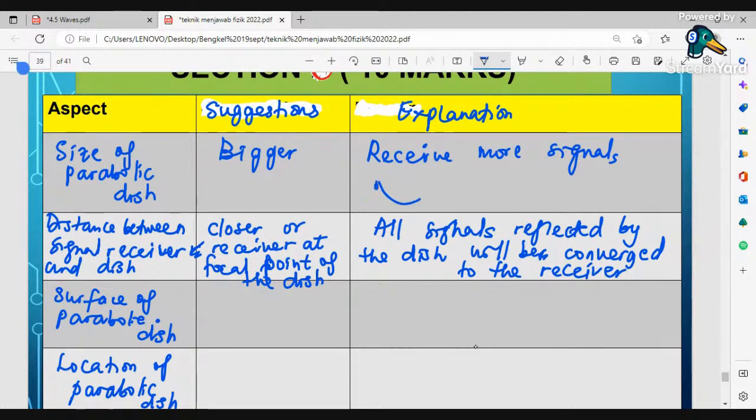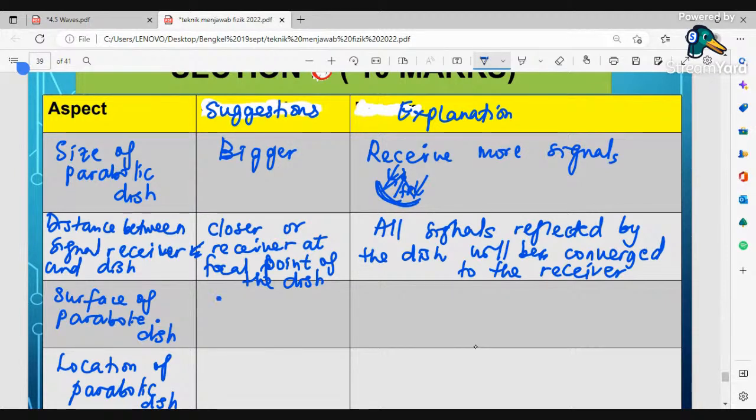Like this, the receiver is here at the focal point. So the signals coming in all converge to the focal point, so the receiver will receive maximum signal.